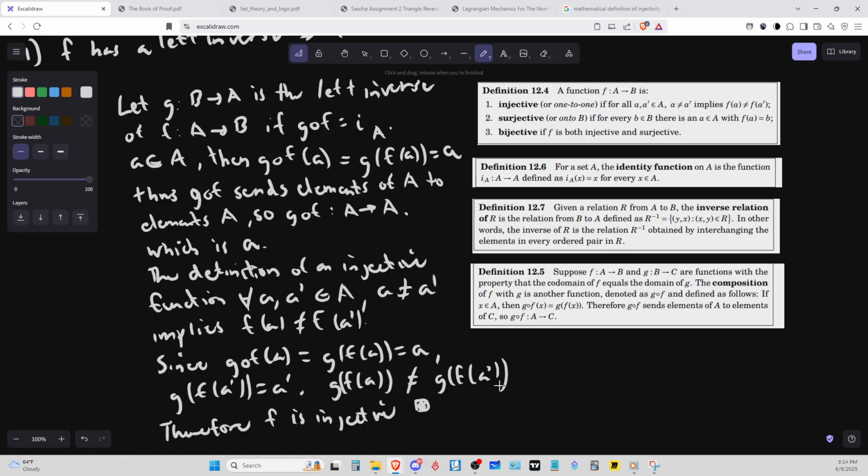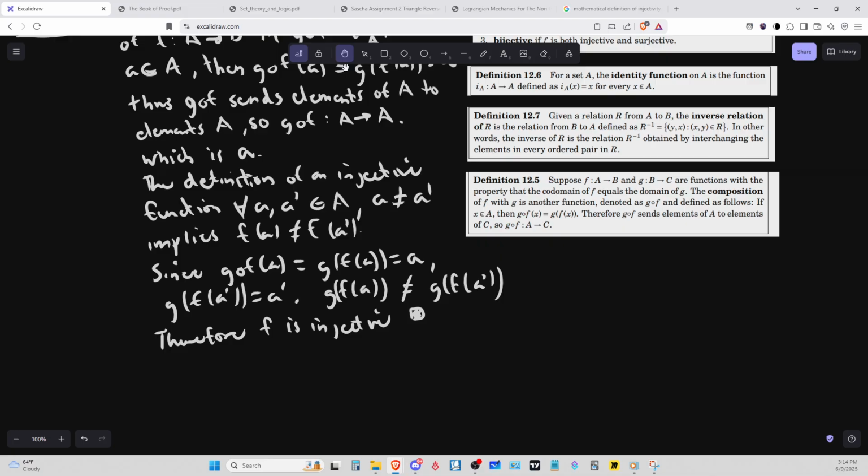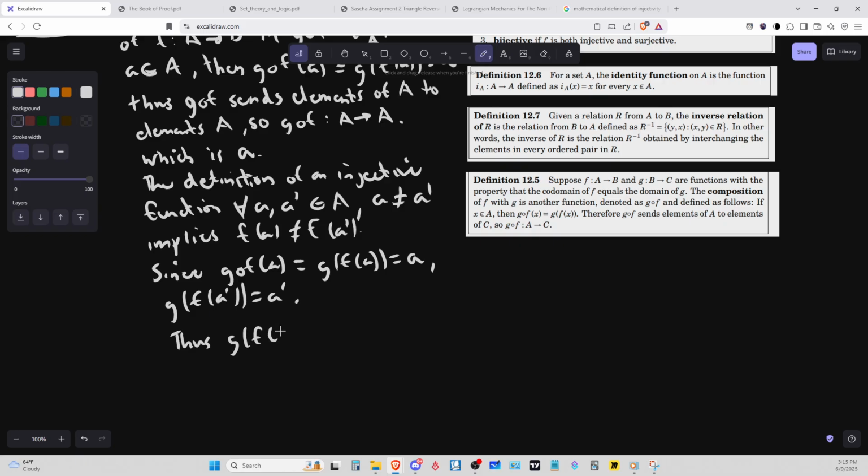I think I have to make this cleaner, this bottom part. So let's erase this part, because I feel like we can make it cleaner. We can make it thus: g of f of a is not equal to f. I know it doesn't make that much of a difference, but to me it feels better to write that.